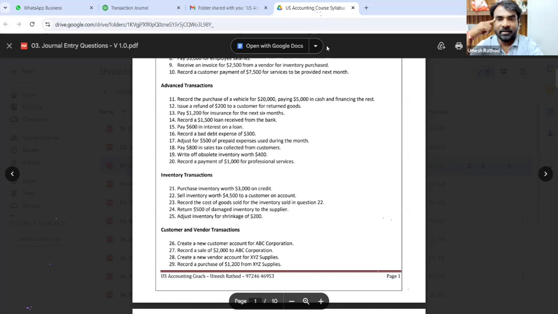And when there is a loss of assets, we have to credit the assets account. So first we have figured out which account we are going to credit, and that is the inventory account. So which account are you going to debit?